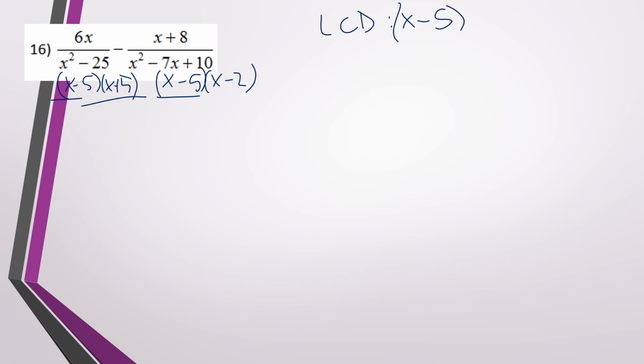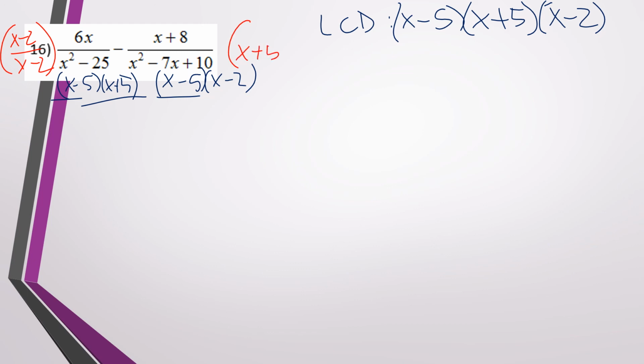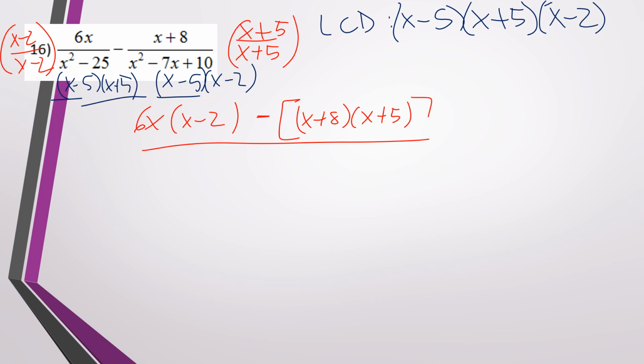Then I need an x plus 5, and I need an x minus 2. So the first fraction is missing the x minus 2. The second fraction is missing the x plus 5. So I'm going to have 6x times x minus 2 minus x plus 8 times x plus 5 over x minus 5 times x plus 5 times x minus 2.